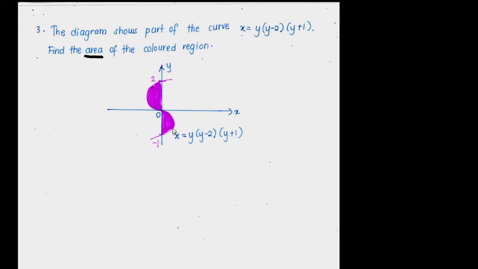So got two colored regions here. Okay, so I would like to state the first one up here is area A and the bottom one is B. Okay, go ahead and find the area for A first.